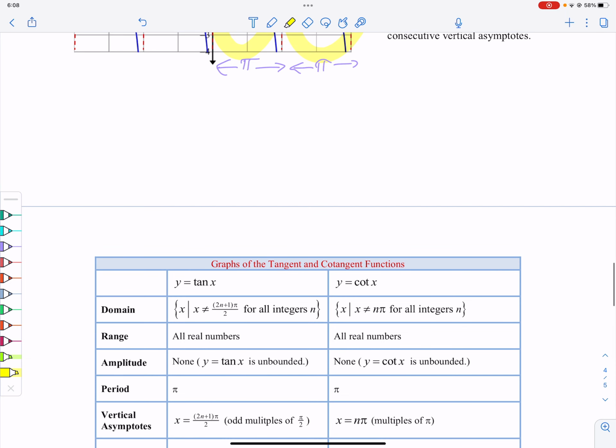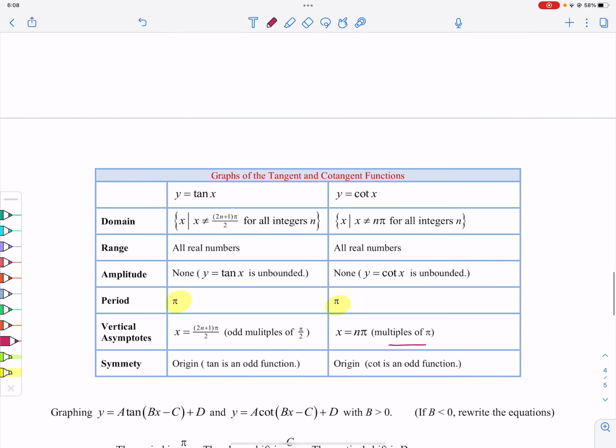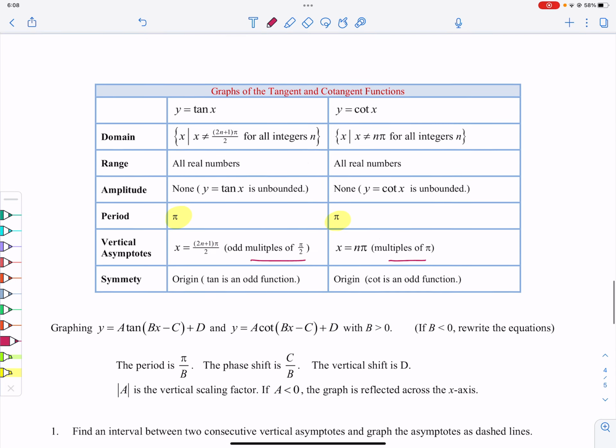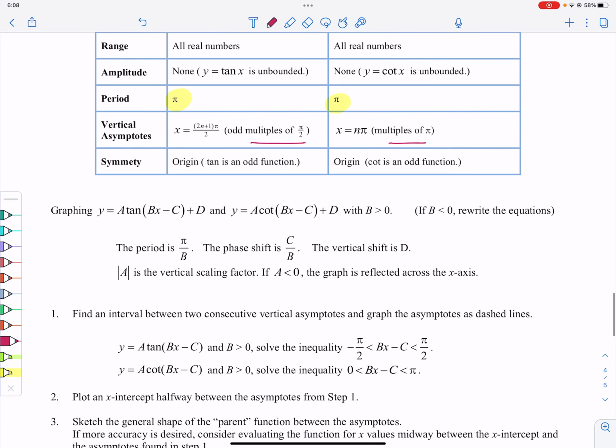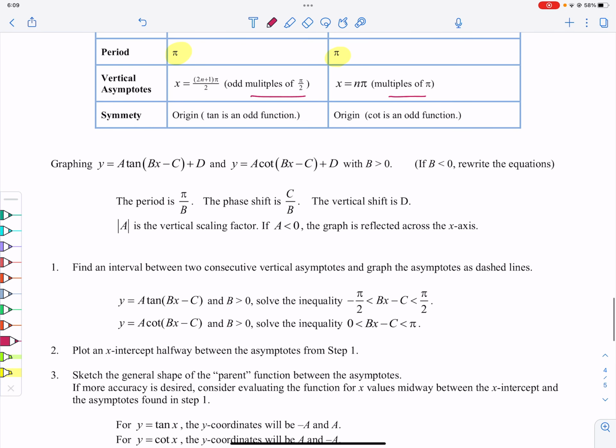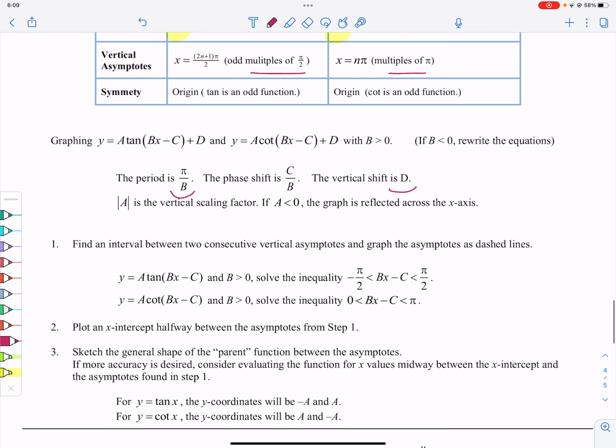Okay, so now let's look at this summary. As you can see, we have a period of pi, and we have an odd function, and you can see the vertical asymptotes, multiples of pi over 2, and these are odd multiples. Okay, when graphing, again, our period is pi over b. The vertical shift is d, phase shift c over b.